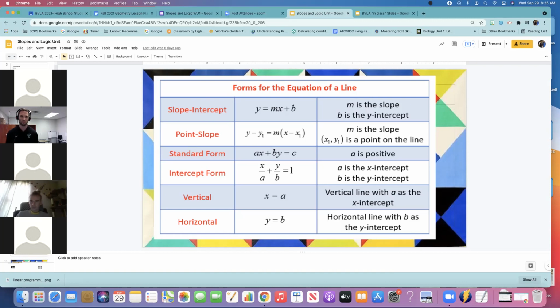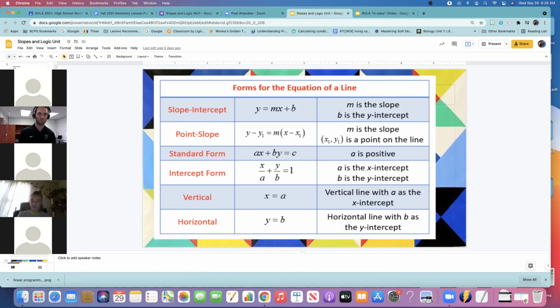It's horizontal. And everybody should know y equals mx plus b. Hopefully y equals mx plus b is this go-to safety blanket, where you understand at least some semblance of m is slope, b is the y-intercept.